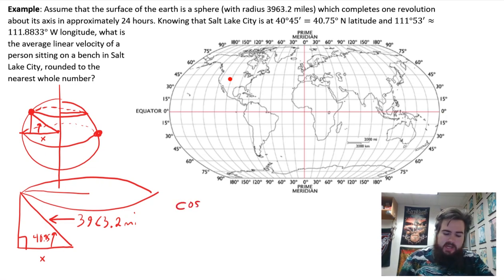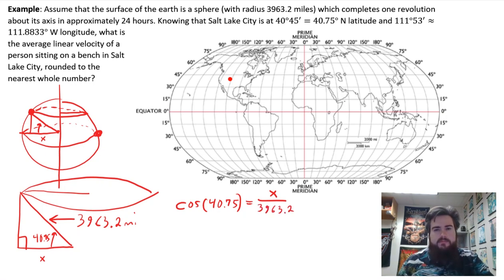If I use cosine of 40.75 degrees, I can define that as the adjacent over the hypotenuse, or that x is equal to the hypotenuse times cosine of our angle measure. This will give us our radius in miles.